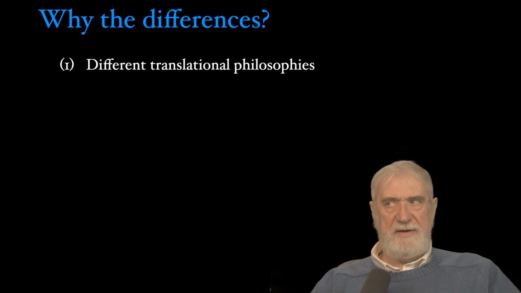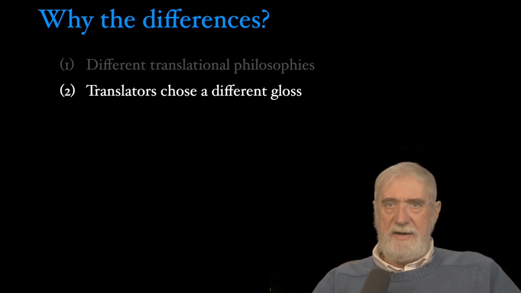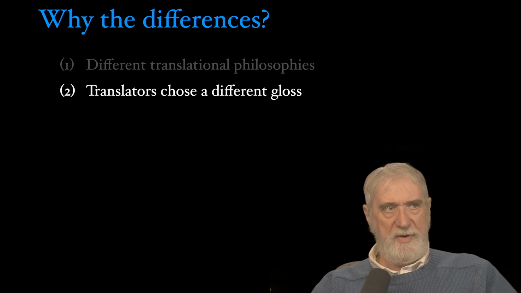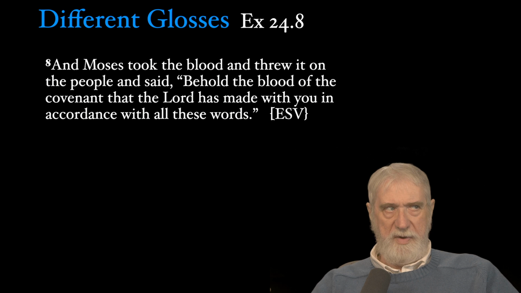We've already touched on different translational philosophies, as I said, so we won't deal with that one again. But let's deal with what happens when a translator chooses a different gloss, that is to say, a different English word to represent an underlying word in the original text. And again, here I'm going to use a Hebrew example. In this case, the challenge of a word found in Exodus 24, verse 8. In that verse, the ESV reads, Moses took the blood and threw it on the people and said, Behold the blood of the covenant which the Lord has made with you in accordance with these words.